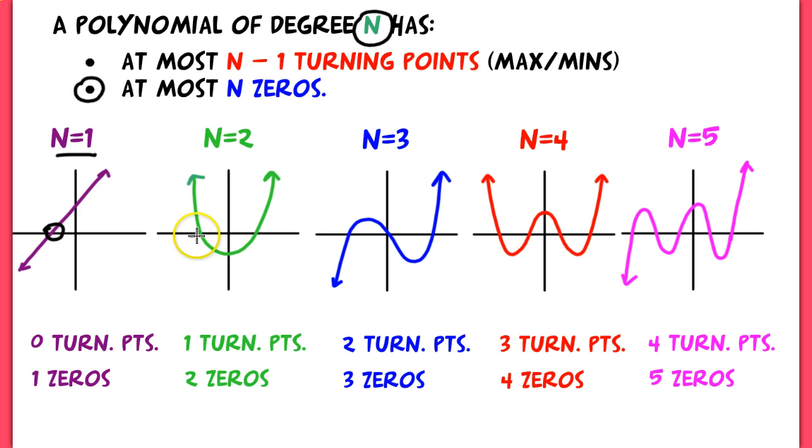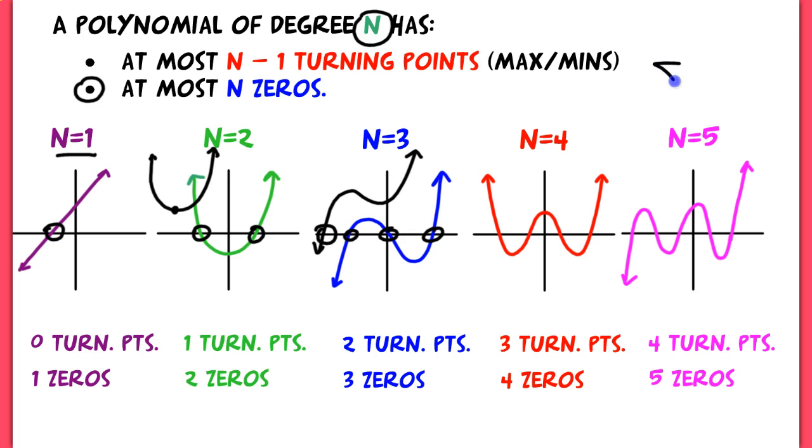A quadratic function could have at most 2 real zeros, but it could also have no real zeros. They could both be complex because it might never touch the x-axis. Same thing goes for a degree of 3. A cubic function could have at most 3 different zeros, but it might only have 1 real zero and 2 complex zeros because it might only cross the x-axis exactly once.